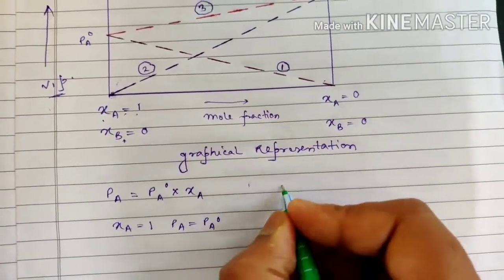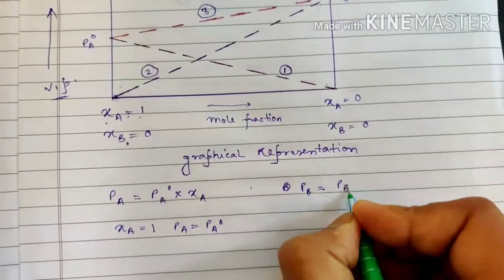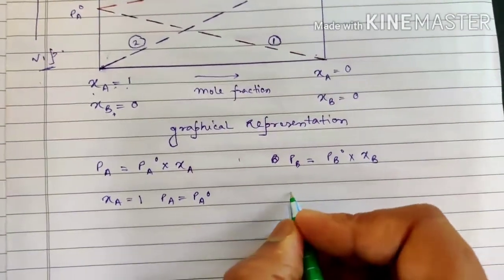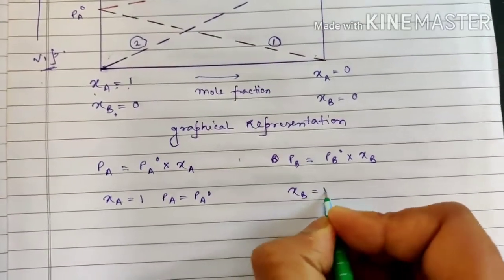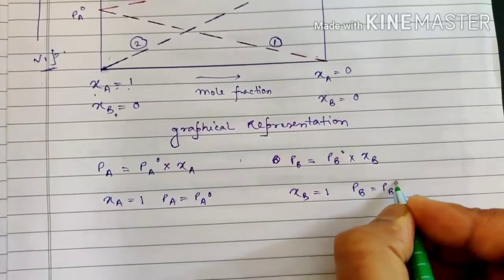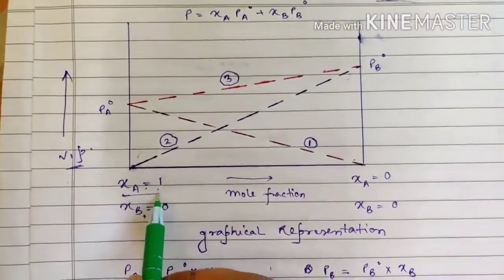Similarly, PB is equal to PB0 into XB, if XB is equal to 1, PB will be equal to PB0. So here you see XA is equal to 1.